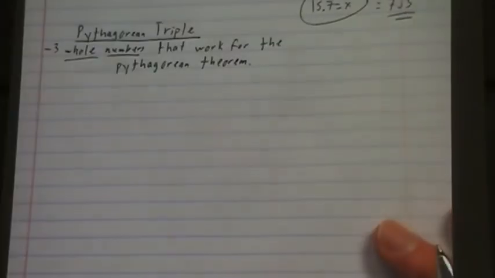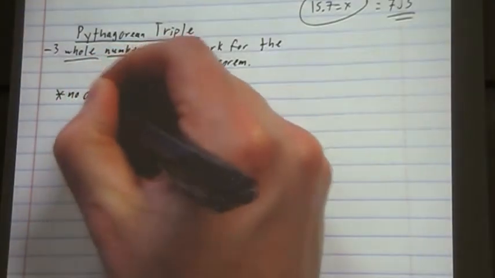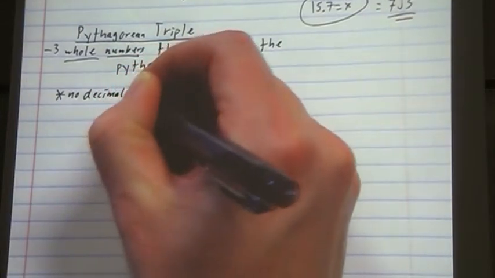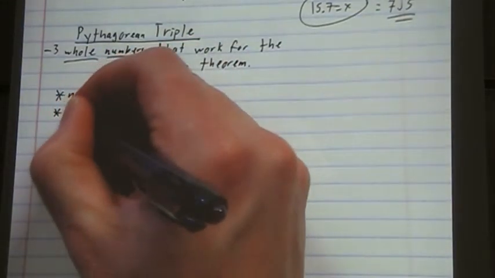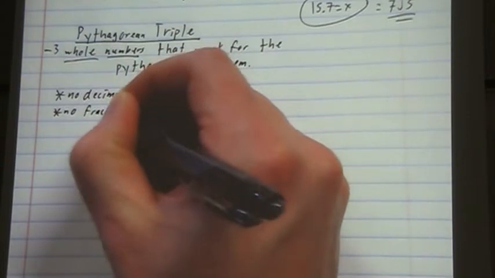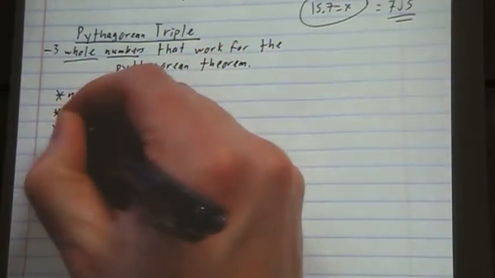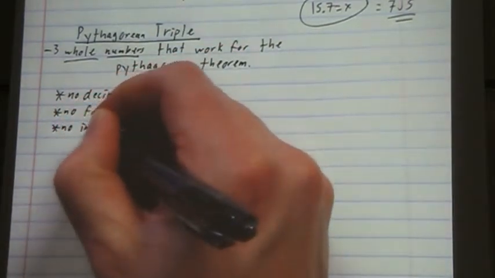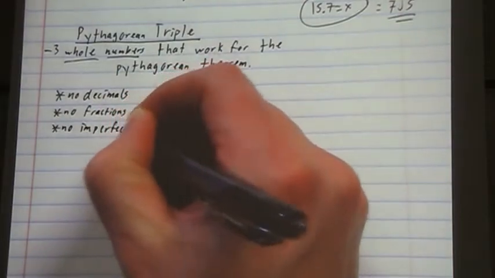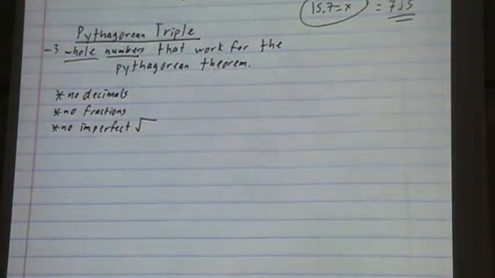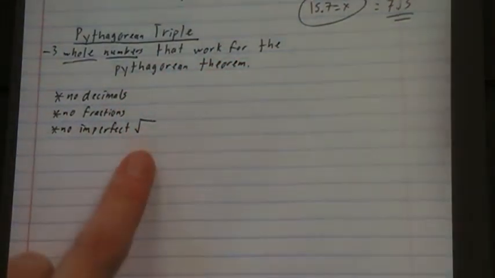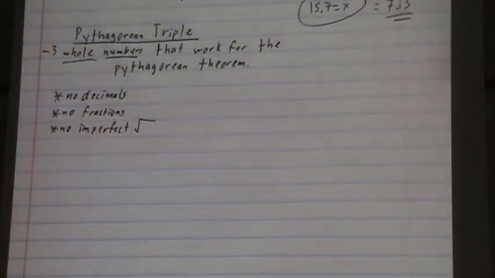What that means is no decimals, no fractions, and no imperfect radicals. I will talk about that in a moment because we will go over some examples of these guys.